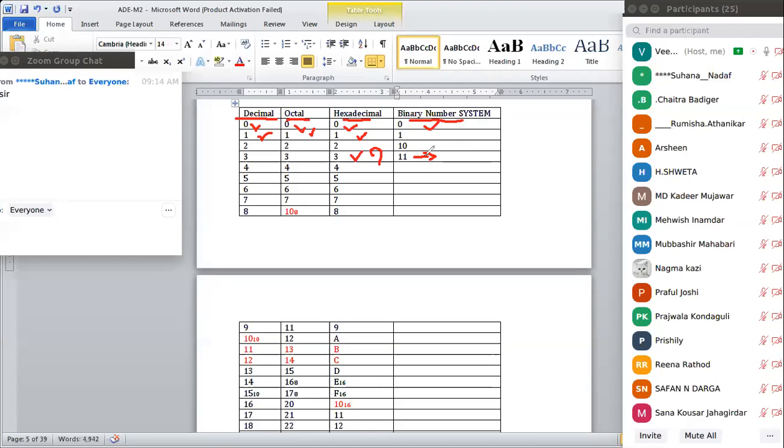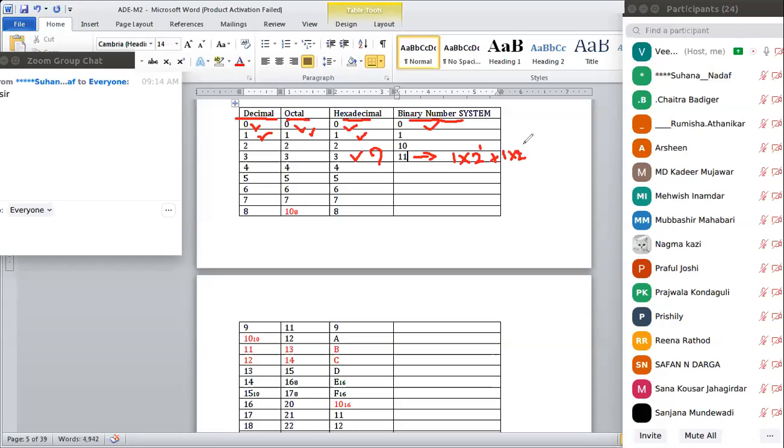It is converted as 1 into 2 raised to 1, plus 1 into 2 raised to 0, which is equal to 2 raised to 1 is 2, 2 into 1 is 2, plus 2 raised to 0 is 1, and 1 into 1 is 1.